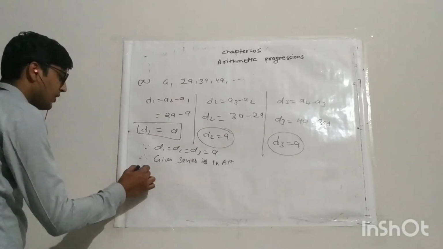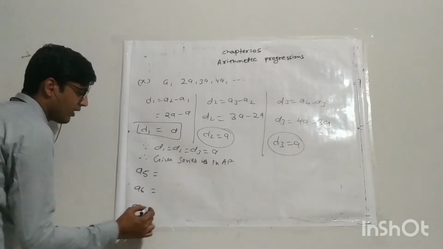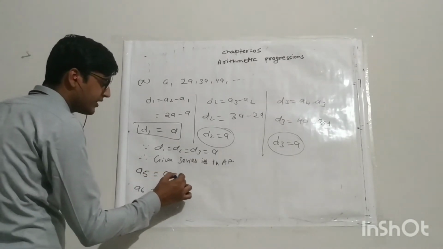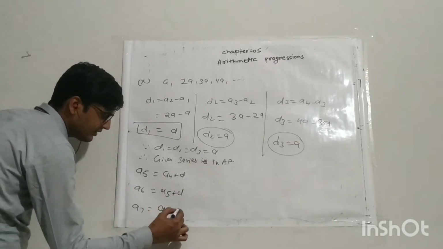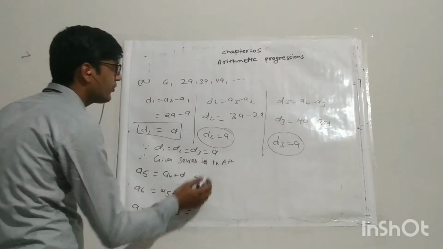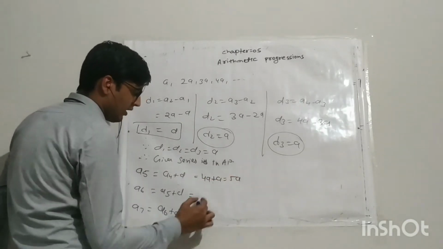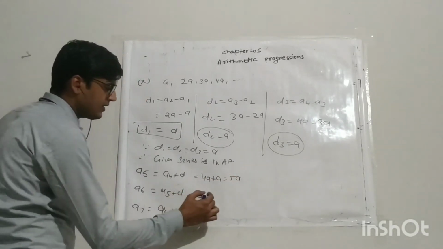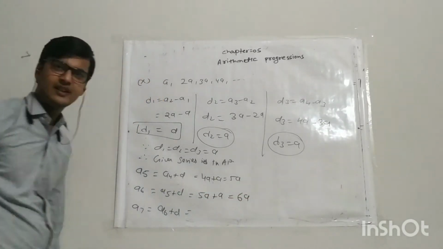If the series is in AP, we write the next three terms. The next three terms are A5, A6 and A7. How do we write them? A4 plus D, A5 plus D and A6 plus D. The value of A4 is 4A and D is A, so it's 5A. Now the value of A5 is 5A and the common difference is A, so it is 6A.